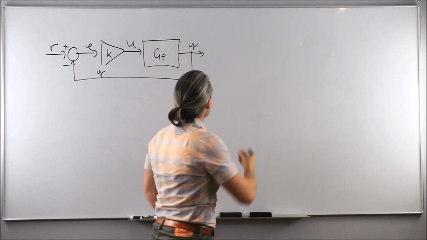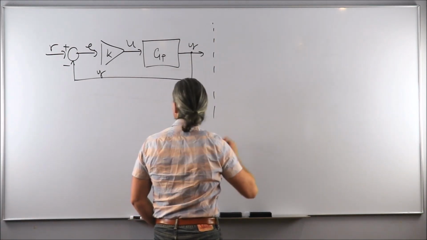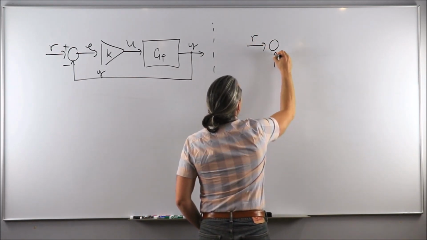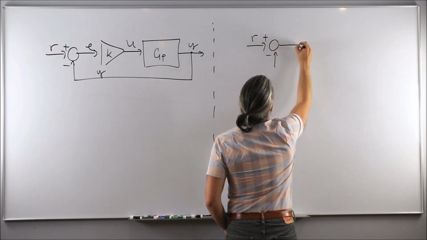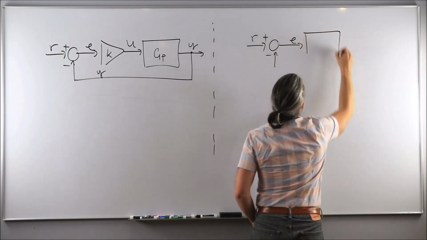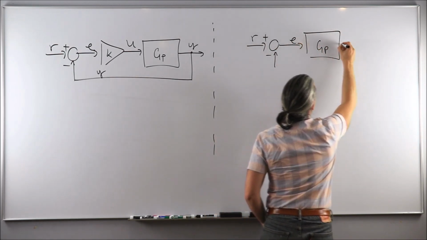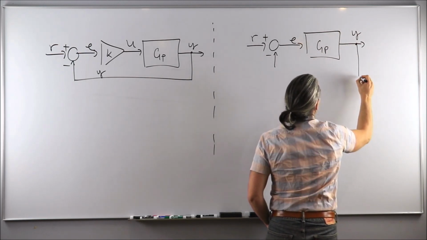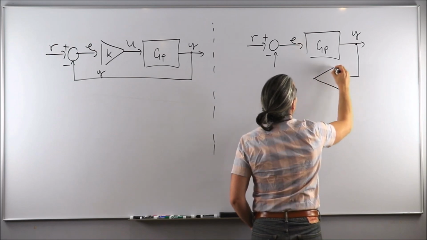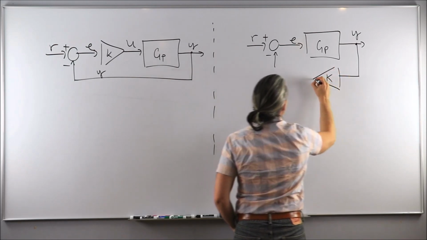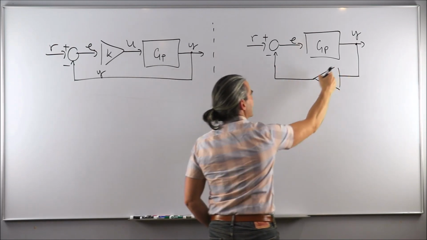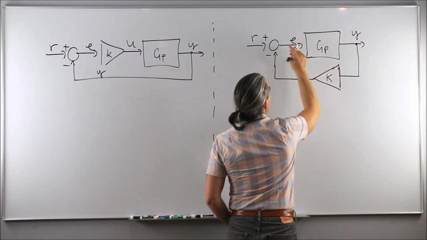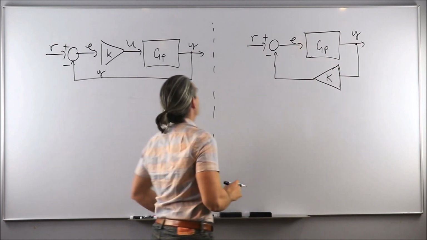That creates a new output signal denoted by Y. On the other hand, MATLAB assumes the following. You have the reference signal, plus minus, you have the error, but then the error is being fed directly into the plant transfer function to create a new output. This output is being multiplied with the proportional control action K, yet not in the open loop or the direct path as we've assumed here.